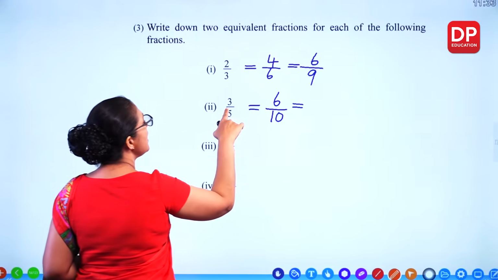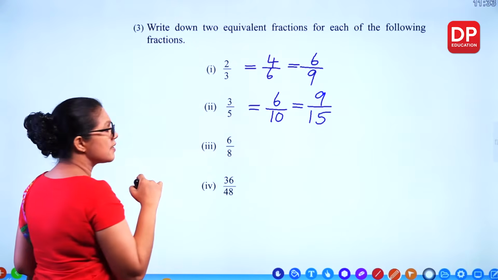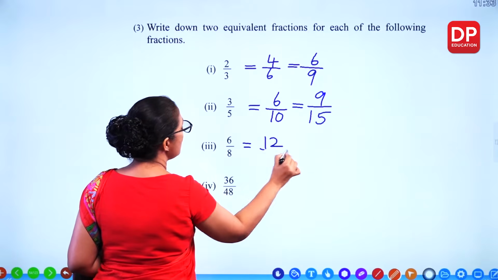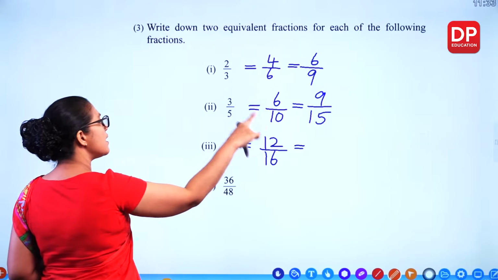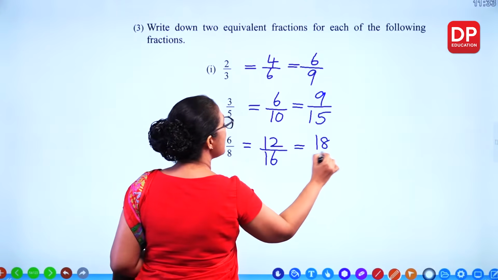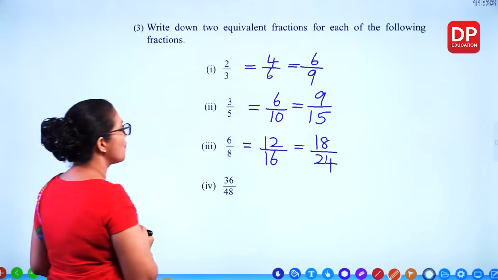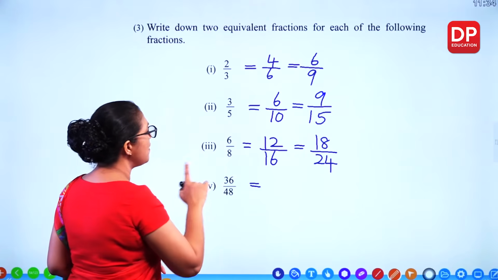Multiply by 3, 9 and 15. 6 over 8, I can multiply by 2, 12 over 16. Multiply by 3, 18 over 24.